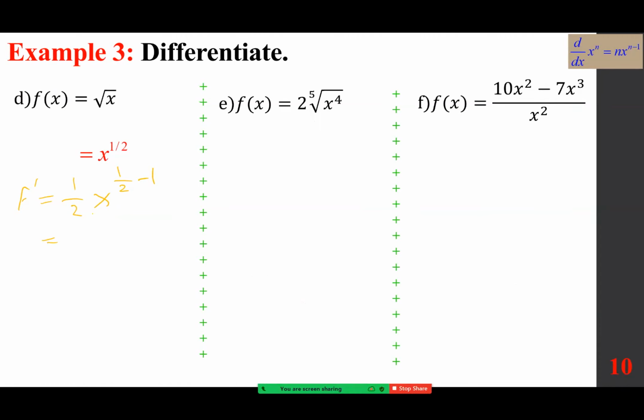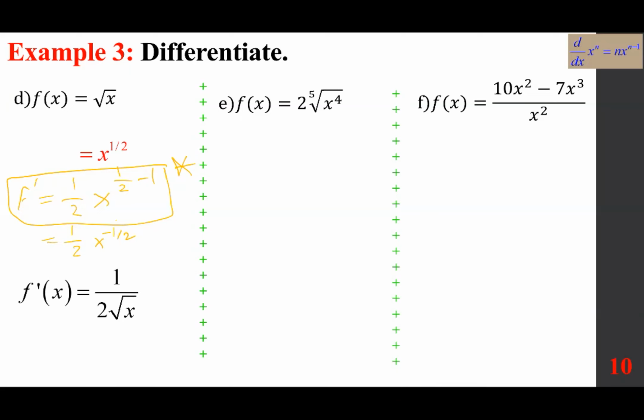And again, this is the only calculus step. I want to emphasize this because I want to make sure everybody understands that calculus is not too bad. We have many algebraic steps and we have to be very comfortable with that. Now, x to the power of negative 1/2 goes down, becomes positive 1/2 over a square root.